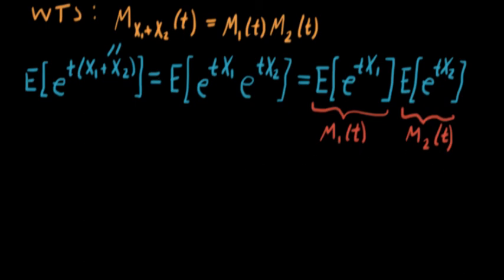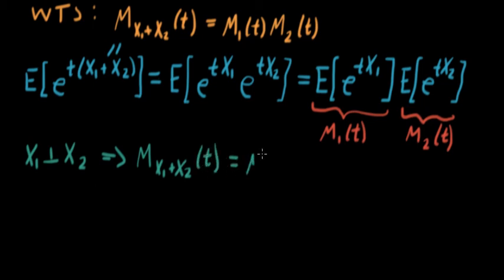So, just to write out what we've demonstrated: if x1 and x2 are independent, then, should they have moment generating functions, the moment generating function of x1 plus x2 is equal to the product of each moment generating function, respectively.